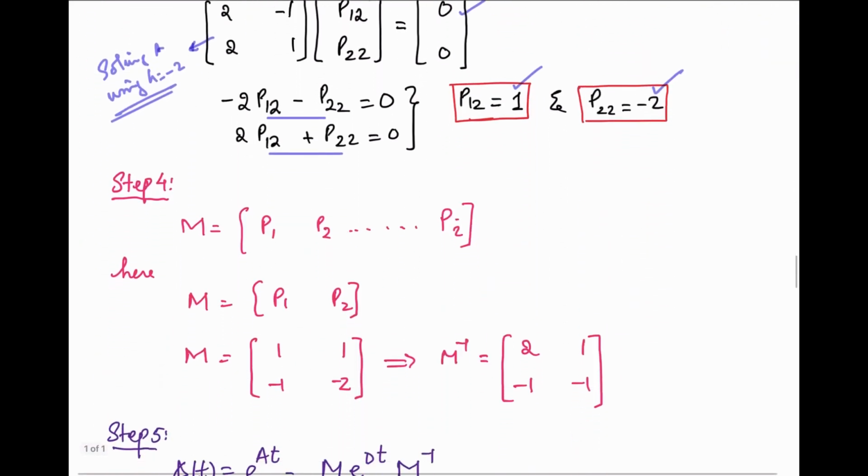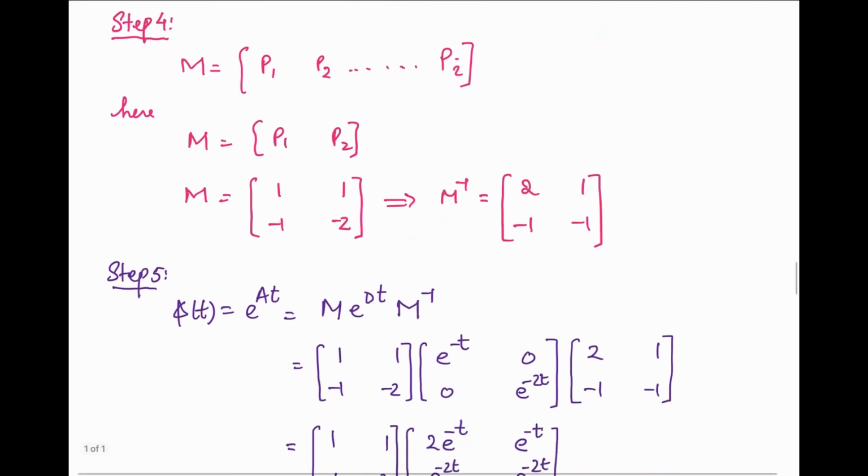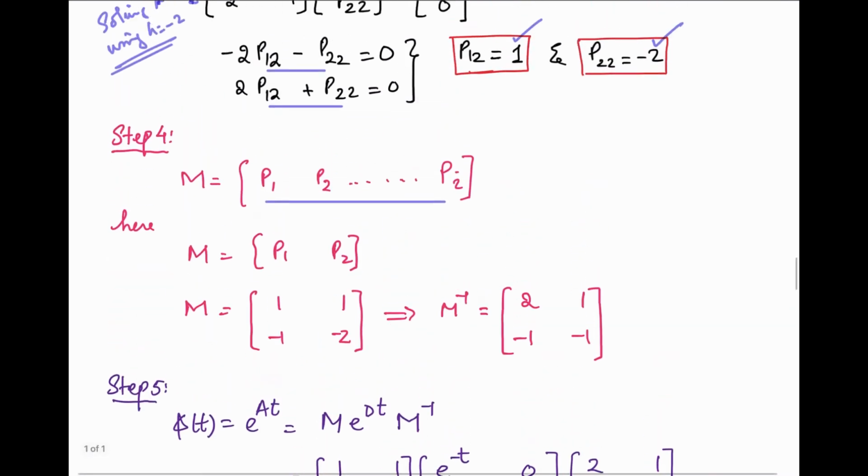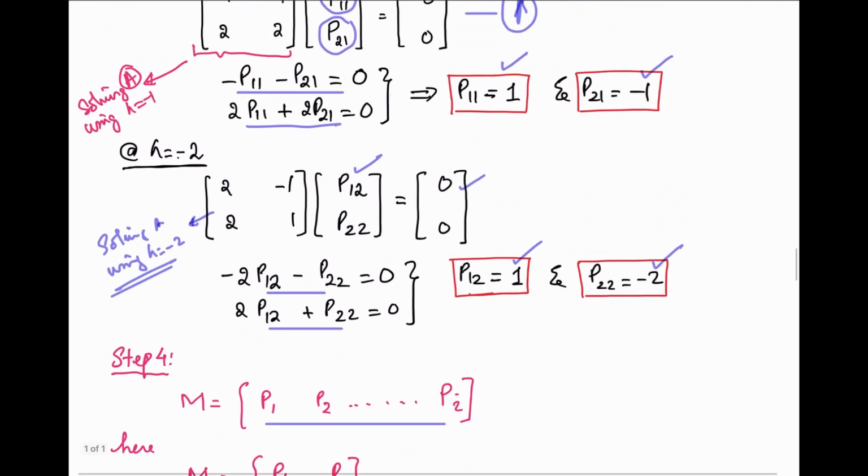Now in step 4 we are going to define the matrix M, which is obtained from these eigenvectors, which we have obtained above. So our first eigenvector p1 is equal to 1 and minus 1, and the second eigenvector, p2, is 1 and minus 2.